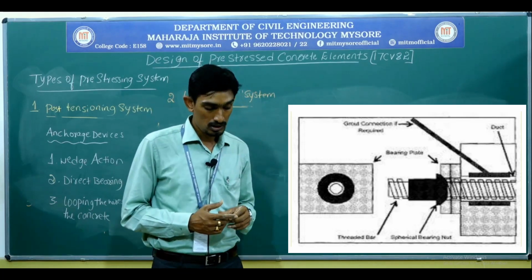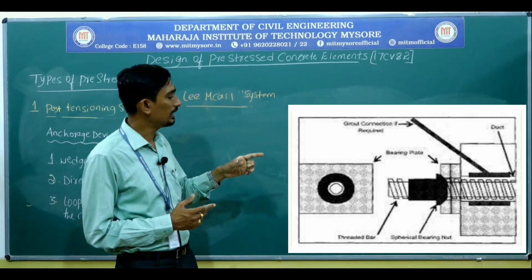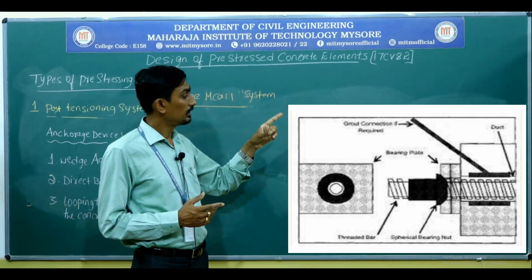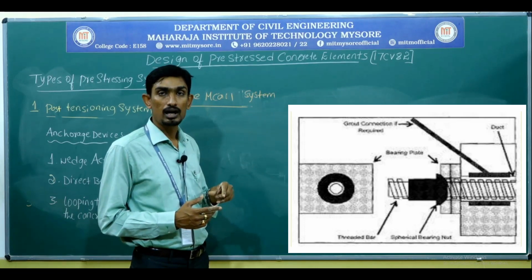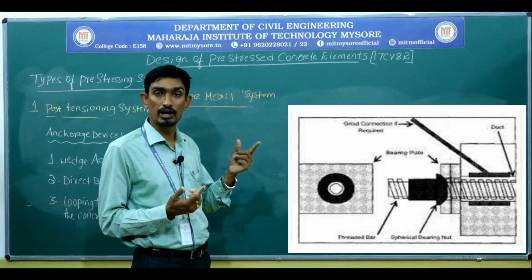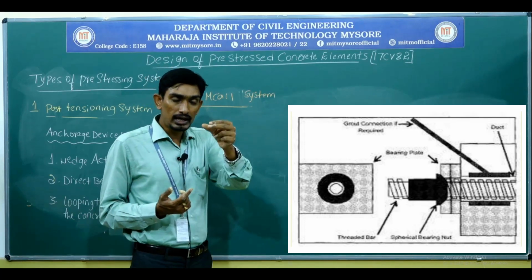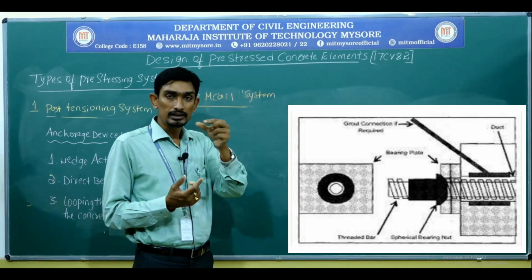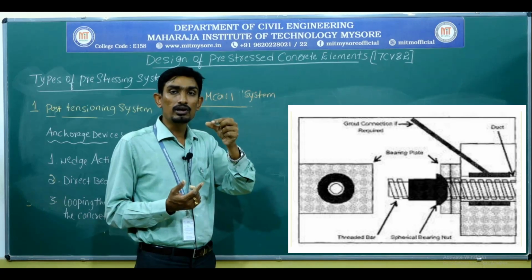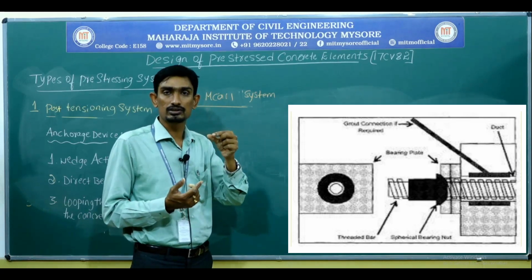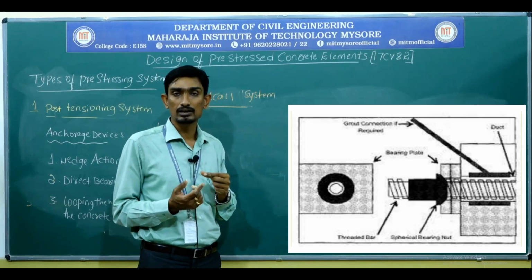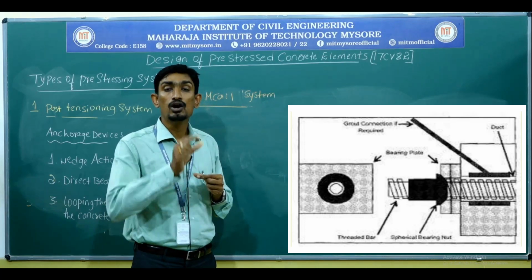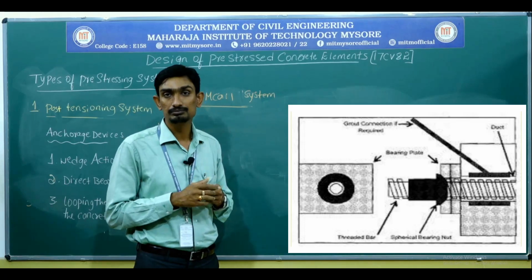That is one thing. Also you can see at the end there will be an end plate, as I stated in the Gifford-Udall system. Through that end plate you can see the rod has been extended or stretched, and this rod will finally be anchored by a washer and a nut.